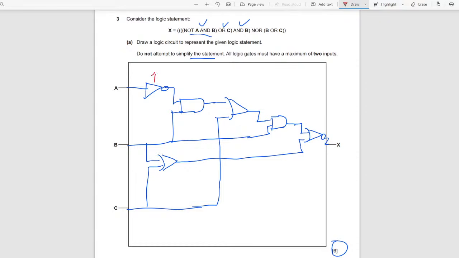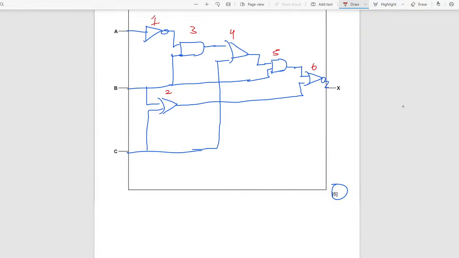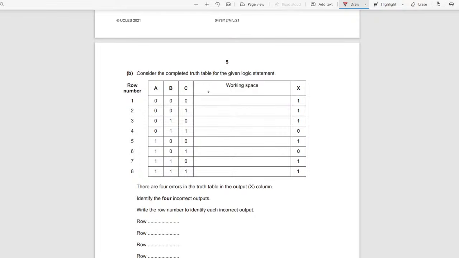So this is 1, this is 2, 3, 4, 5, and 6. It doesn't matter how you order it. Then I will divide the columns into 6, because we have 6 logic gates, or 5 is also fine because the last one is X.